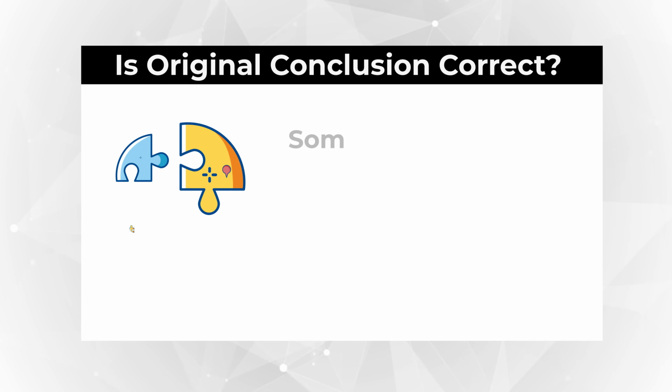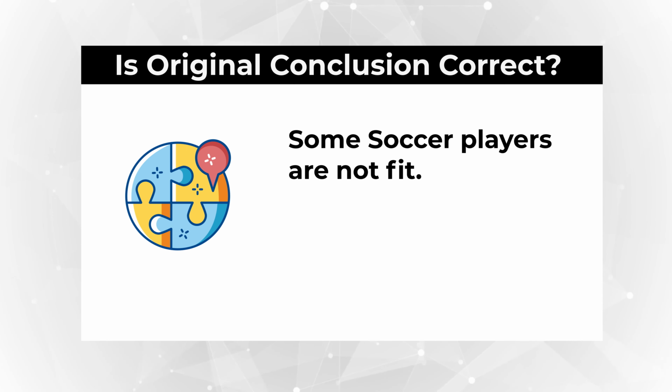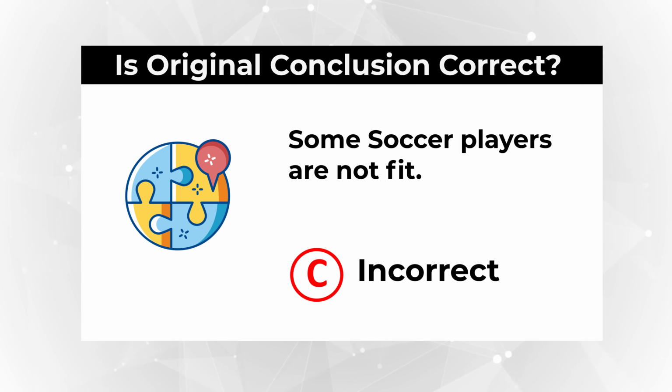Our question, though, asks us if some soccer players are not fit. Do you think it is correct? Based on the information provided, it is not correct. So the correct choice here is choice C, incorrect. Because the correct answer based on the information we have is all soccer players are fit.